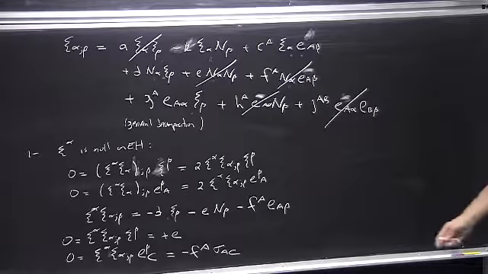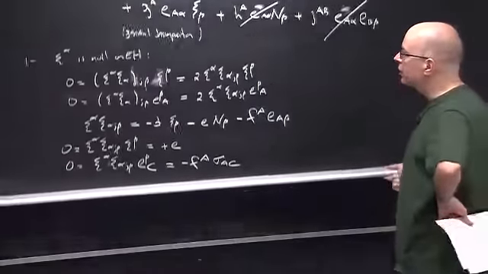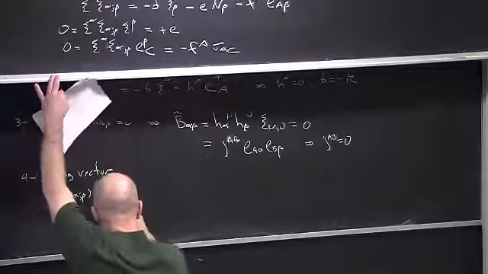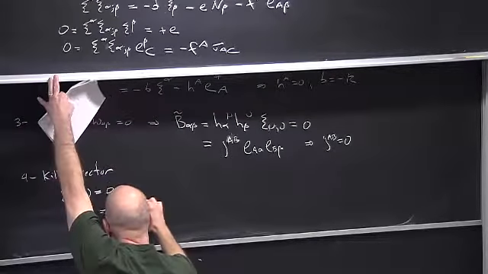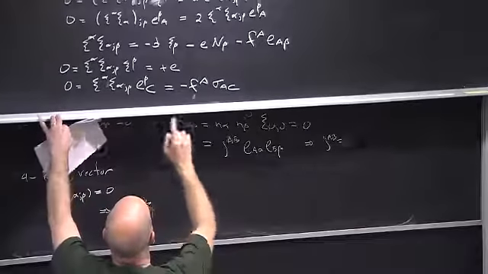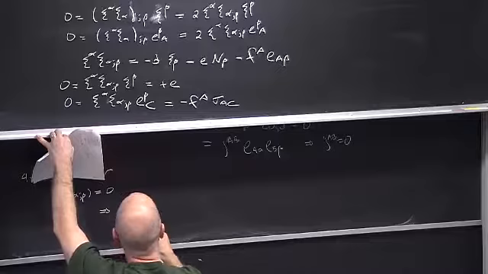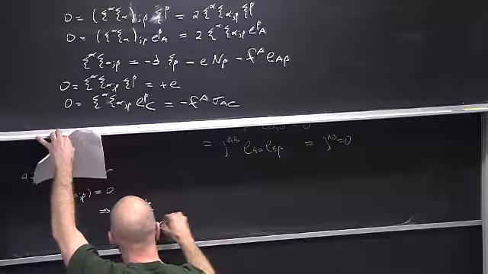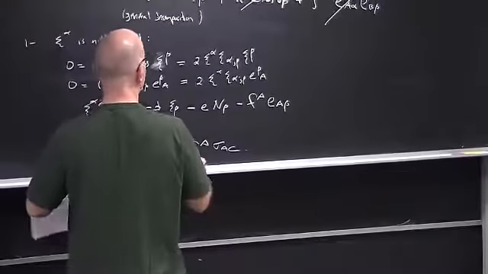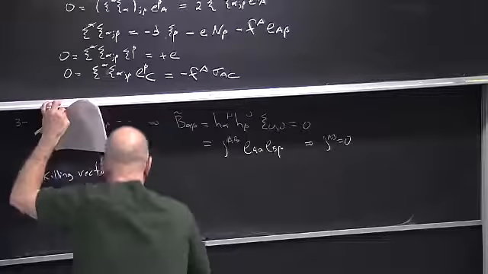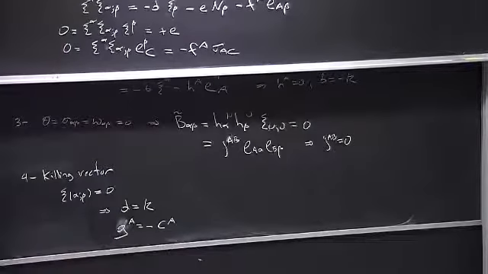So this condition guarantees that D will have to be equal to kappa, and G will have to be equal to minus C, and that will guarantee that the whole tensor is antisymmetric.